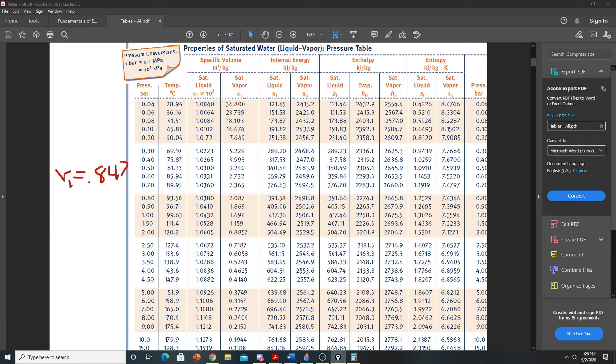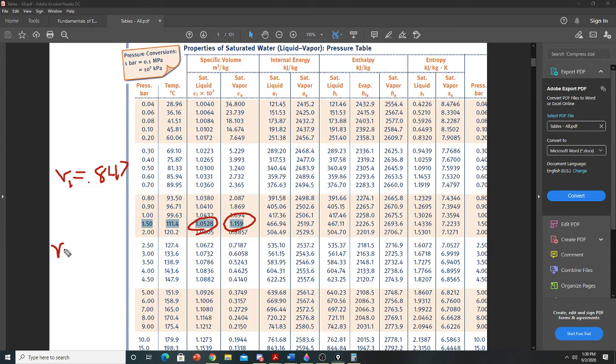Let's go to 1.5 bar, which is right here, and go across. Is our value for our specific volume greater than this number, or is it less? Anyone? It's less than this number over here, right?